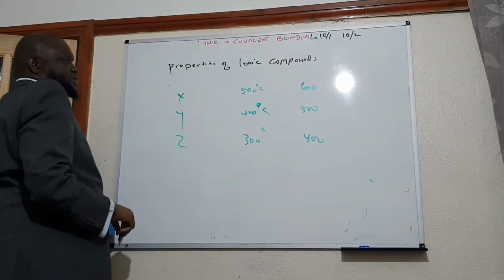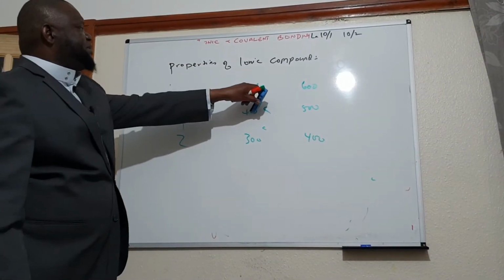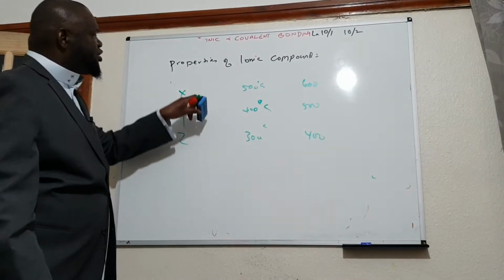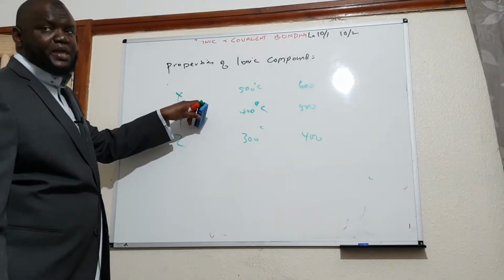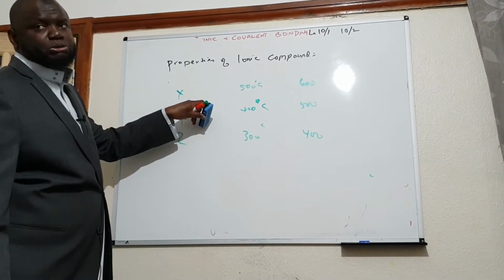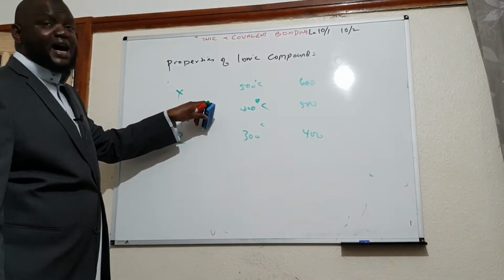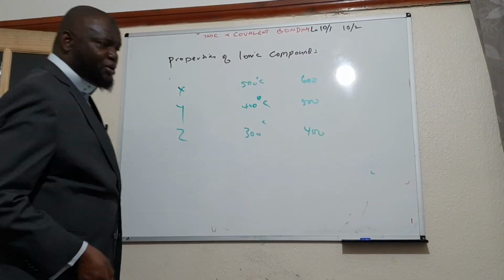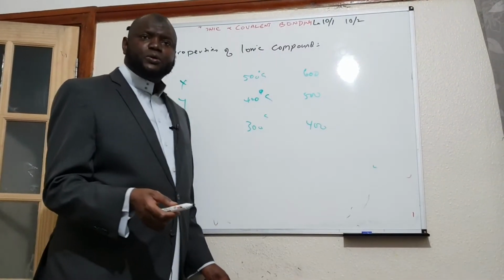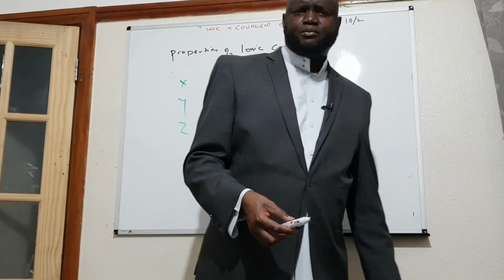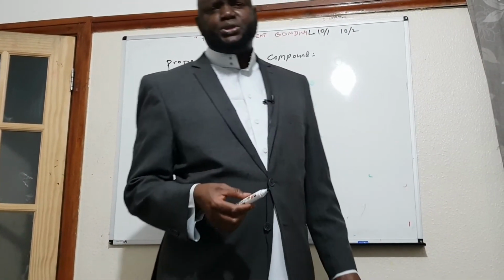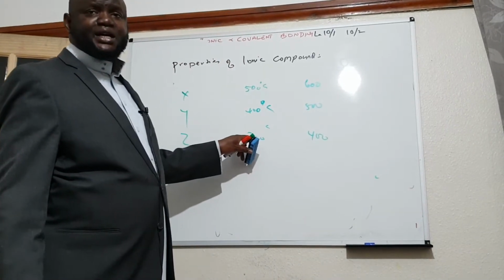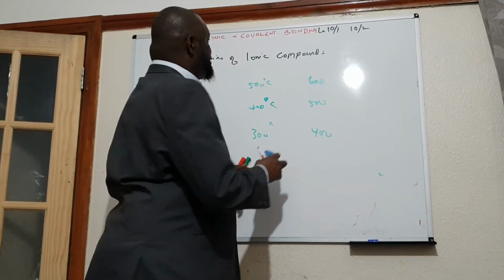Why does this one have a high melting point? Because of the electrostatic forces, okay? And what compounds are they? Likely, they may be ionic compounds, because they have very high boiling and melting points. Some covalent compounds will do, like polymers and giant covalent compounds, okay? They do have high boiling points, but not as high as ionic compounds, okay?